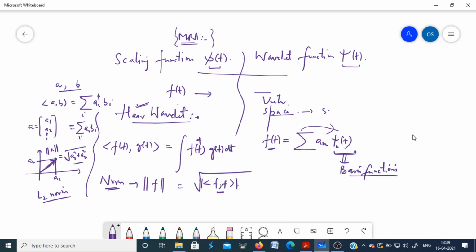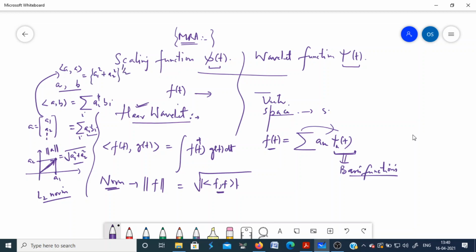Similarly, when you have functional spaces, we define it using the inner product of a vector with itself. If you find the inner product of a with a, it will be a1 into a1, so a1 square plus a2 square, and then you take the square root of this.